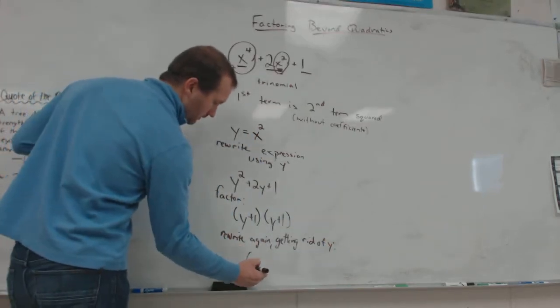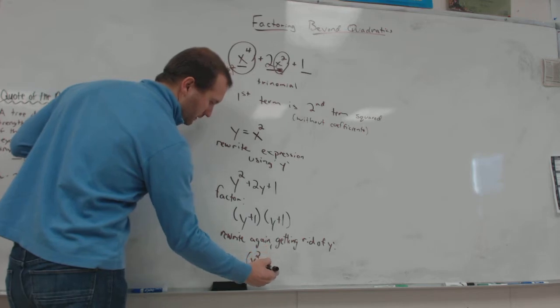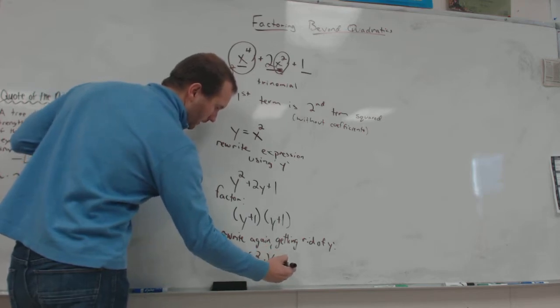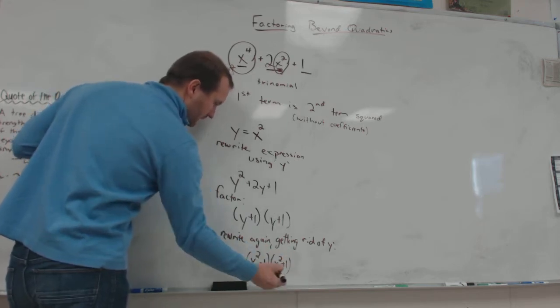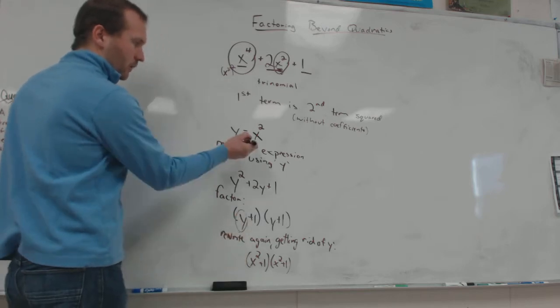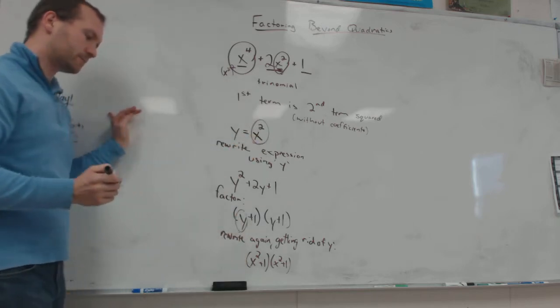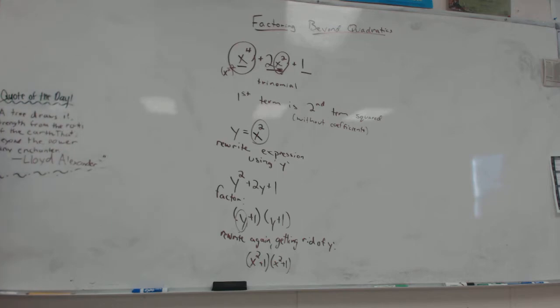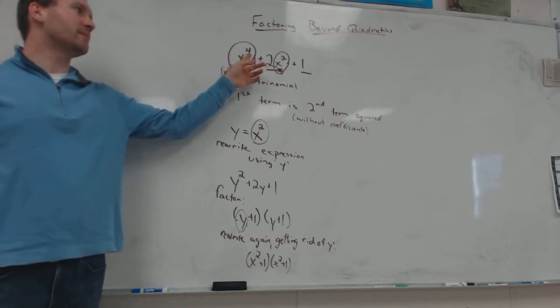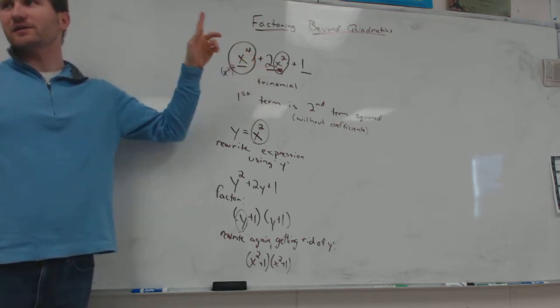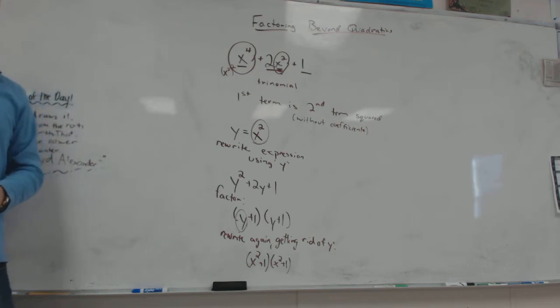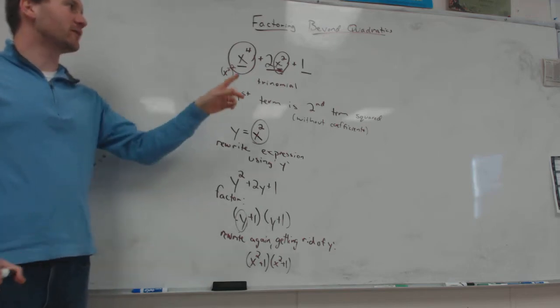So we would have x squared plus 1 and x squared plus 1. Because that's what we said y was, right? y is x squared. And then we're done. We factored it. So you just factored something with a 4th degree in it, which is pretty cool. That's pretty advanced, actually, to be able to factor a 4th degree.